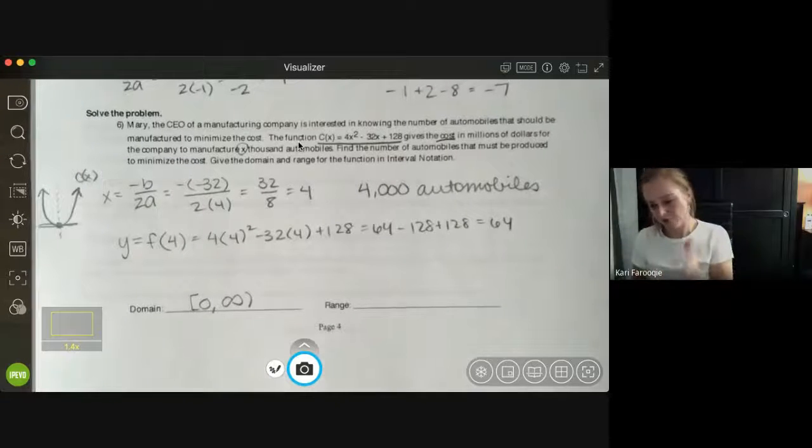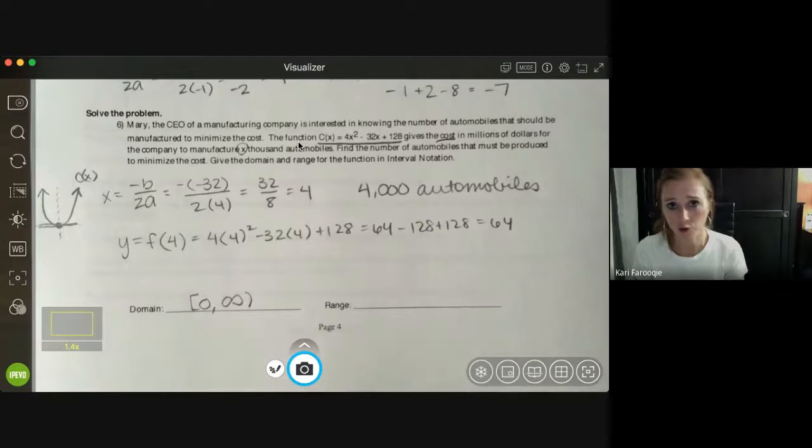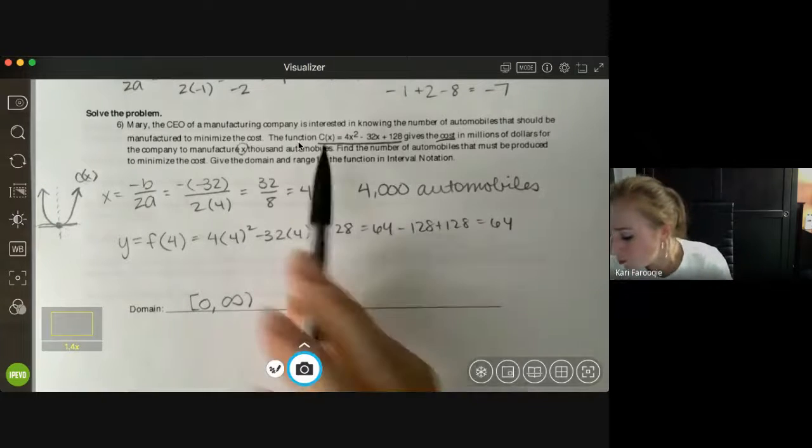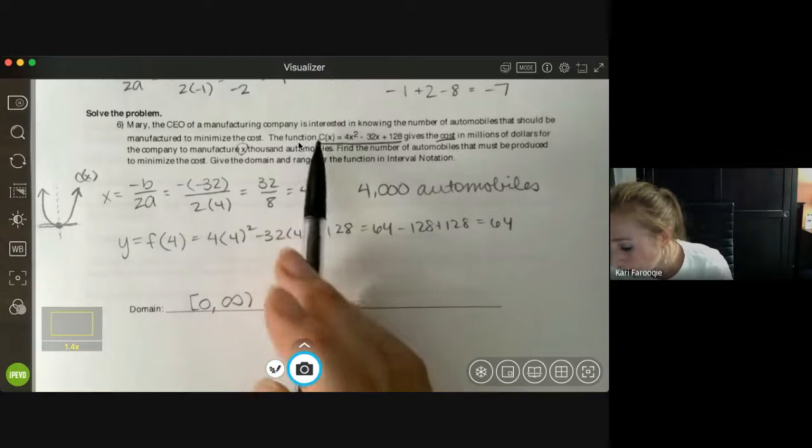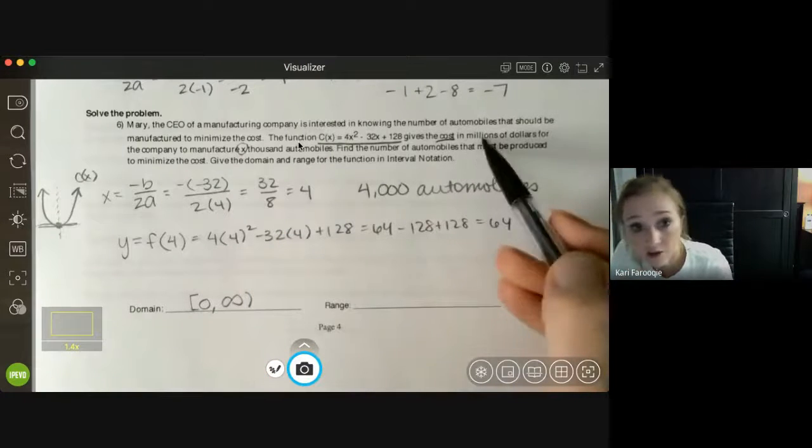Now, if you're like, okay, 64, fine, go back to the problem statement and make sure you know what 64 is. Remember that C of X represented a cost, and it was a cost in millions of dollars.